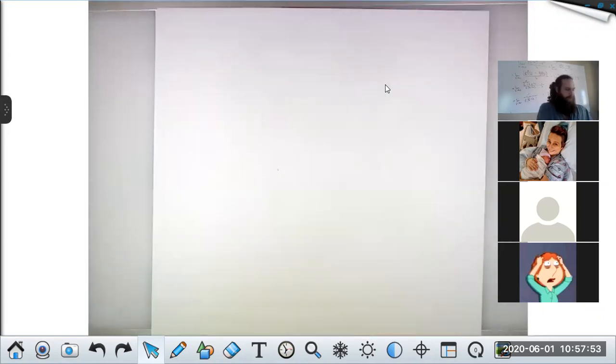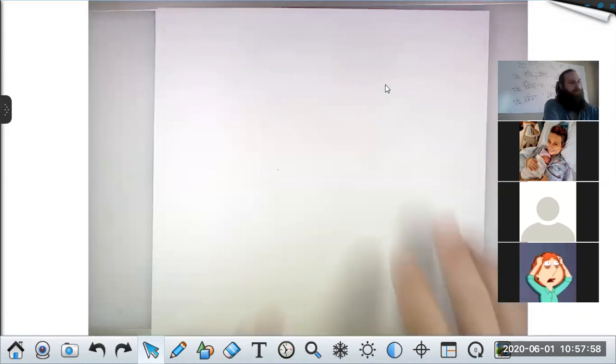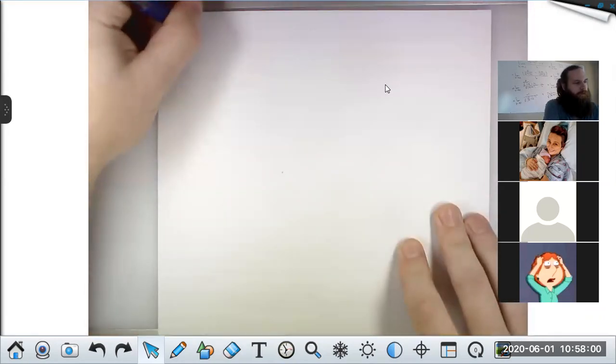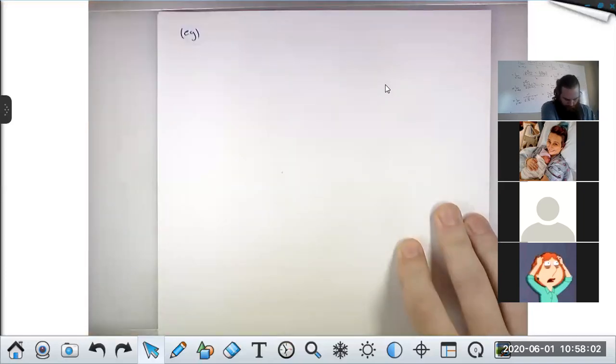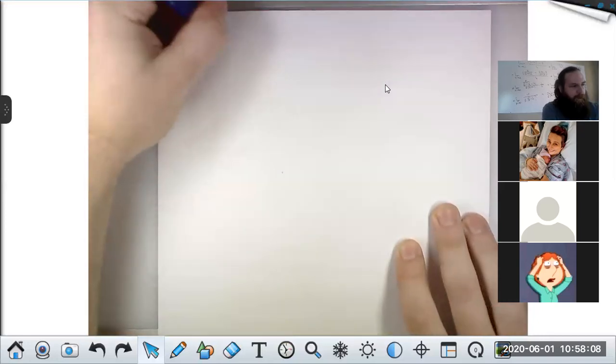Right, yeah, here's our last example. A ball is thrown up into the air. This classic.